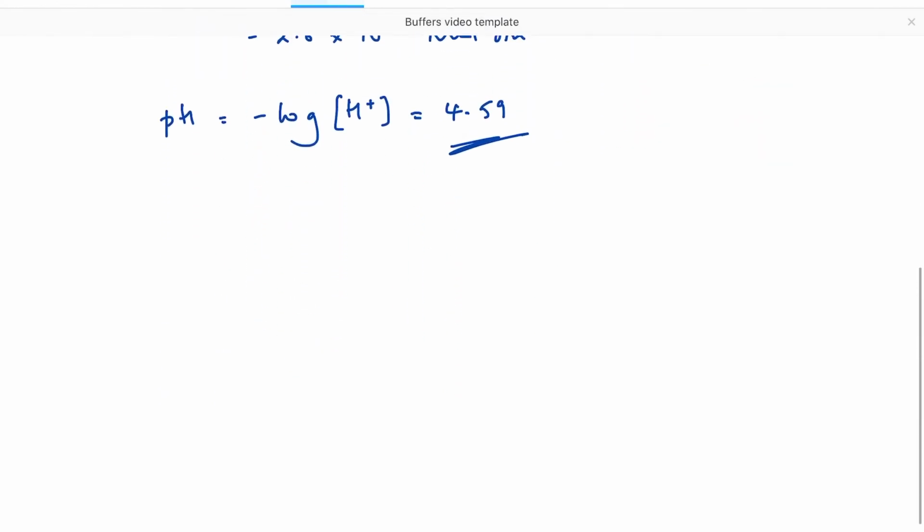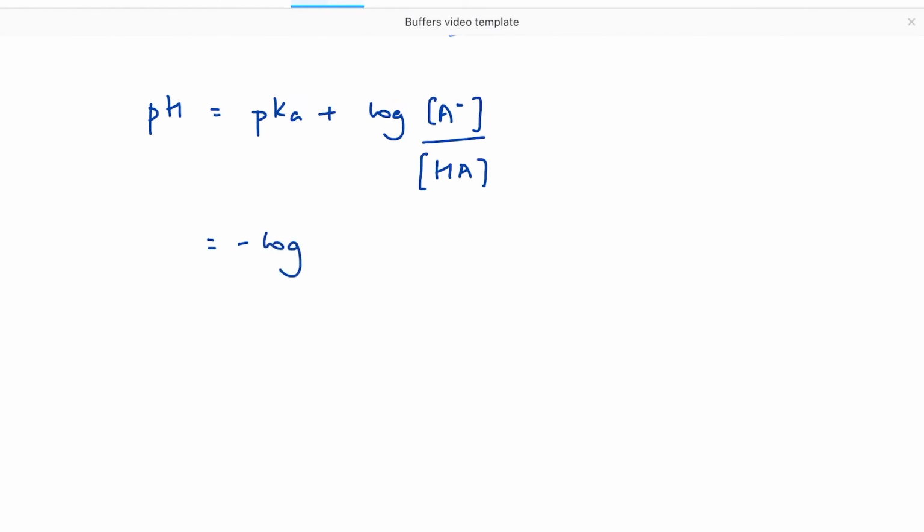Alternatively, we could do the same calculation using the Henderson-Hasselbalch equation, in which case we are going to start off with pH equals pKa plus the log of A minus over HA. So that would be minus the log of the Ka, because that's what pKa is, so minus the log of 1.3 times 10 to the minus 5 plus the log of this ratio.